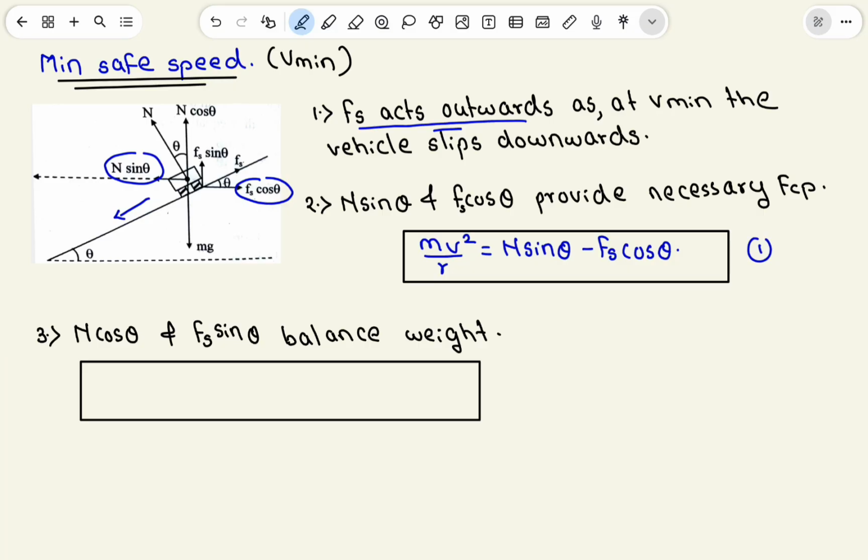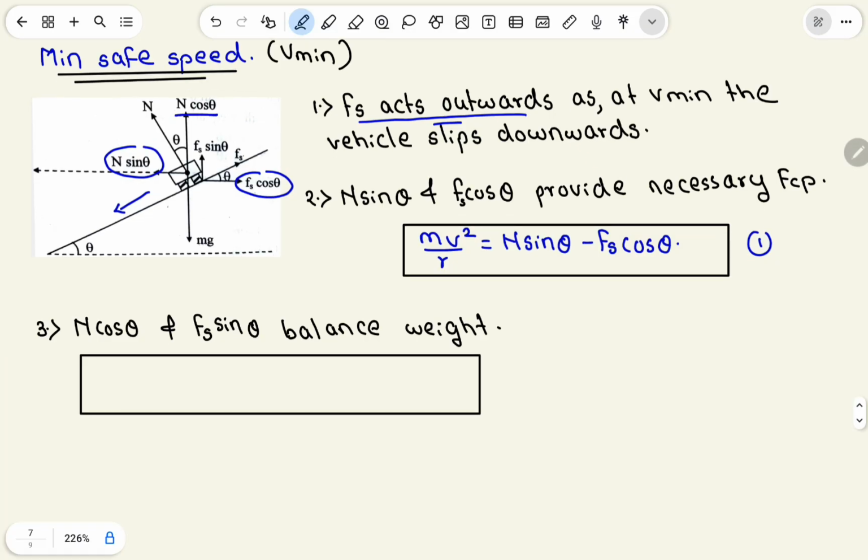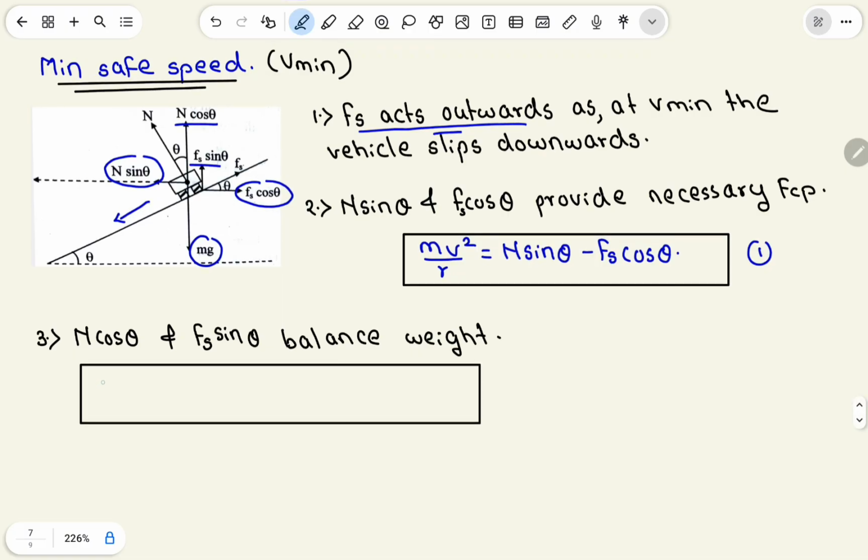Then we can clearly see that the vertical forces, N cos theta and Fs sine theta, balance the weight. So we can write mg is equal to N cos theta plus Fs sine theta. This is the second equation, which we can use for the derivation of the minimum speed.